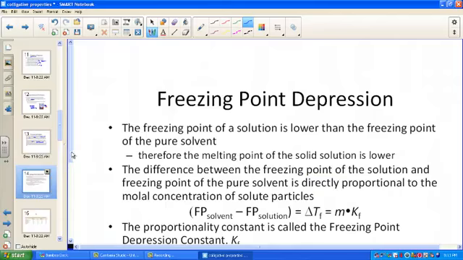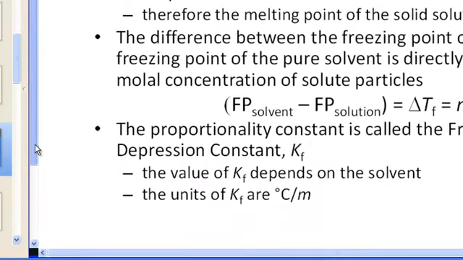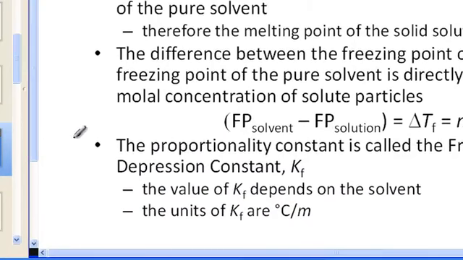We can calculate how much the freezing point changes with a simple formula. The freezing point depression: the freezing point of a solution is lower than that of the pure solvent, and we can calculate that with the following formula.